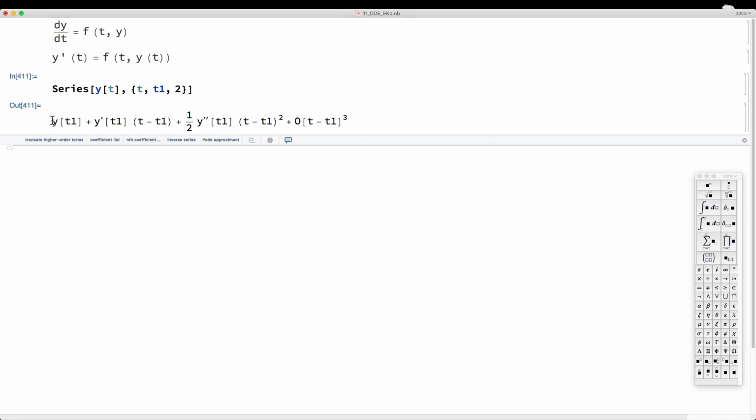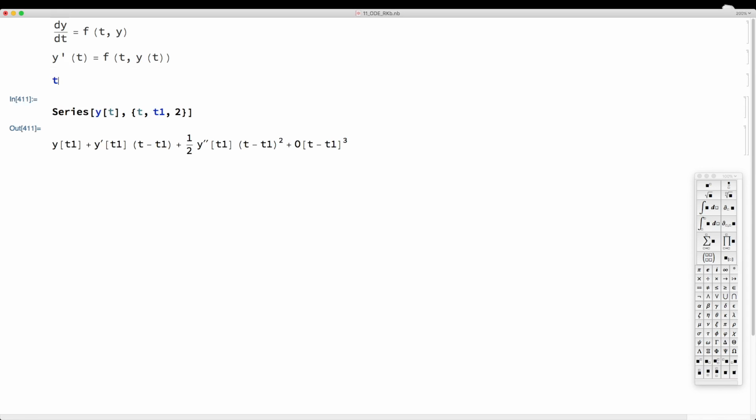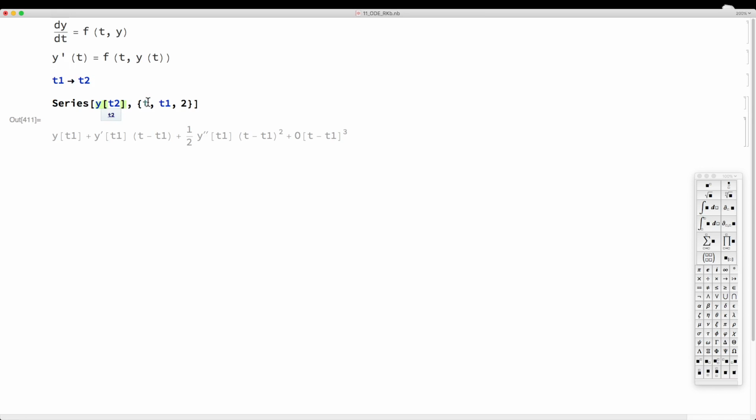then the Taylor expansion looks like y of t1 plus the derivative at t1 times (t minus t1) plus 1/2 the second derivative times (t minus t1) squared plus terms of order 3. So if I want to go from some initial time t1 and integrate up to some time t2, I could just write t2 here and t2 here.